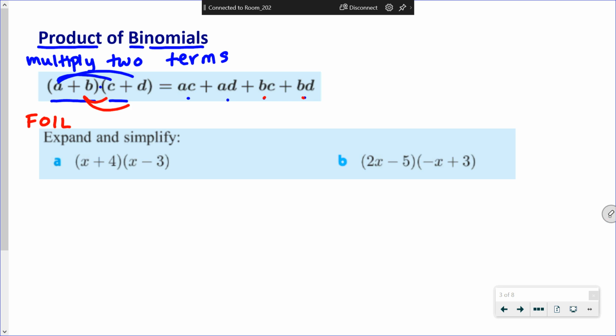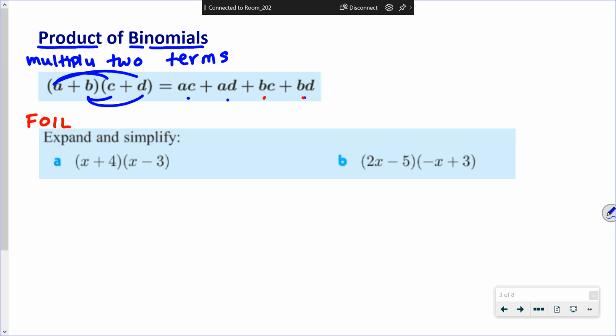And that's because if I show you that pattern again, you can see it's the first two things in each parentheses, it's the outer two terms, then it's the inner two terms, and then it's the last two terms. So first, outer, inner, last. But you might hear me refer to it as FOIL. It's probably better if we call it expansion or the distributive property. That's what we're doing, distributing A, and then we're distributing B.